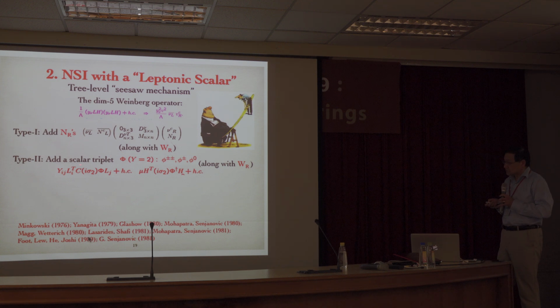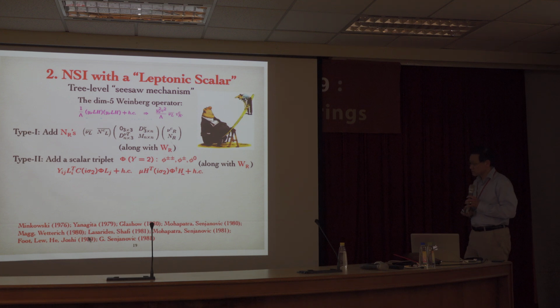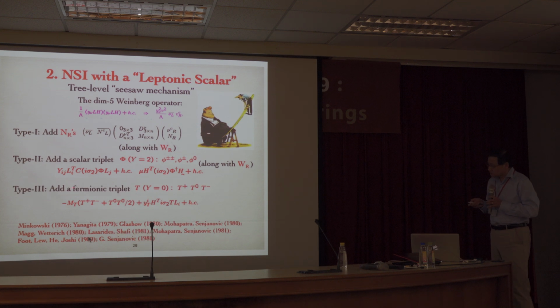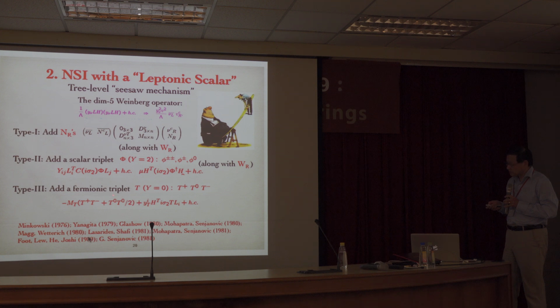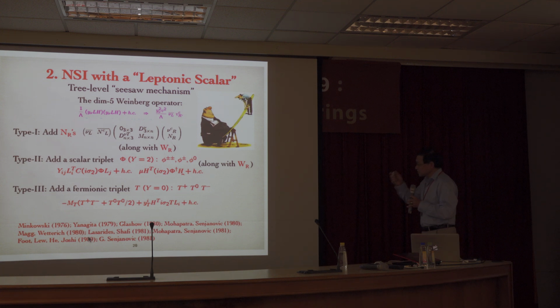You need to introduce the scalar triplet, Y equal 2 triplet, to generate the neutrino mass term, coupled to the Higgs. So there is explicit lepton number violation by 2 units. Type 3 is to introduce the fermionic triplet. These are the only 3 cases at tree level. And Xiaogang, of course, is famous for contributing to this type 3 class. So those are typical situations.